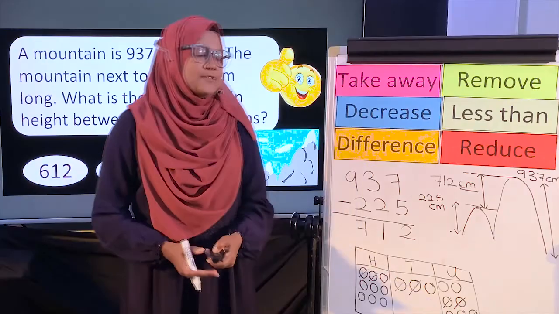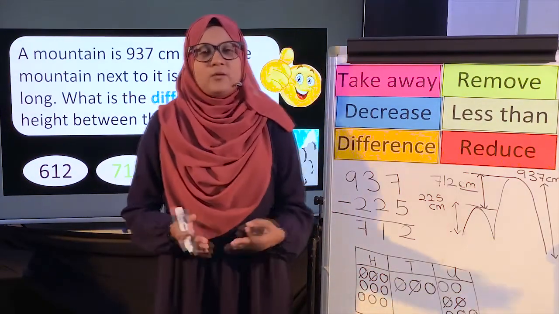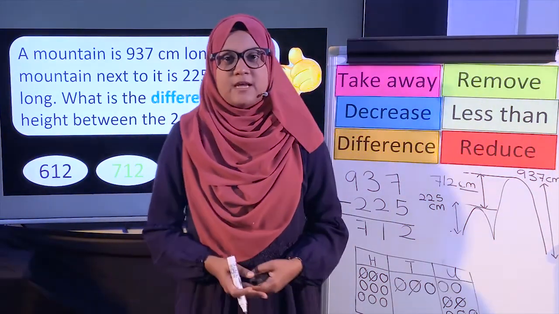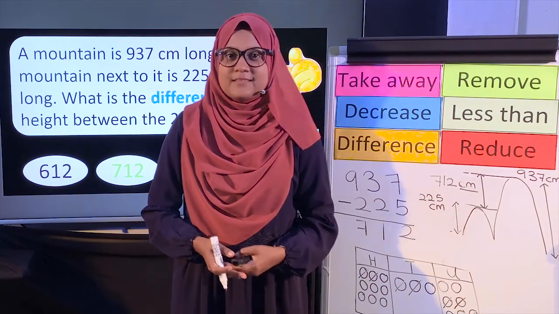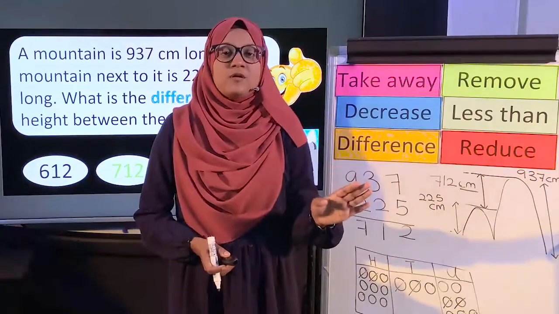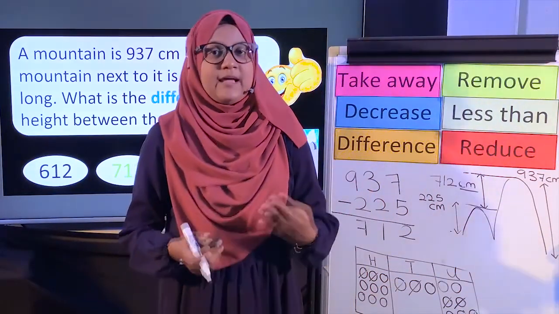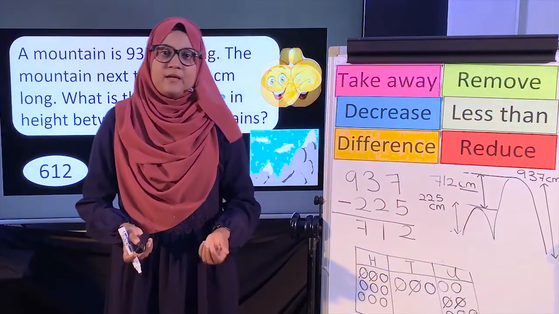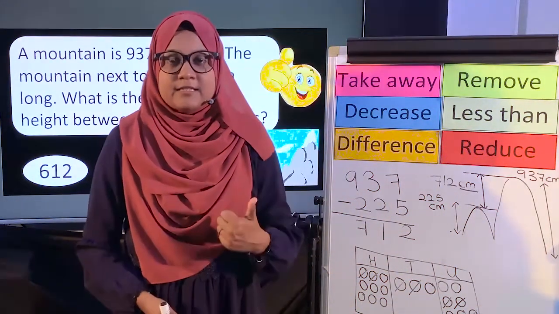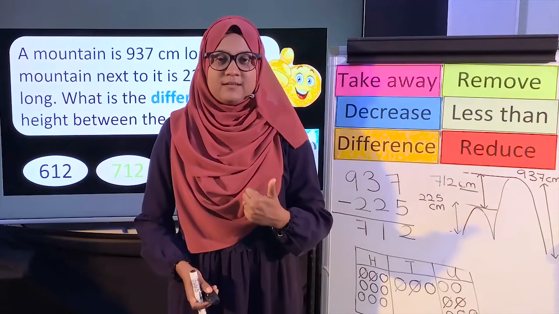Well done. So, will you be able to solve these type of subtraction word problems now? Yes, it will be very easy if you follow these 3 steps that I have taught you today. First of all, we have to find the vocabulary related to subtraction.